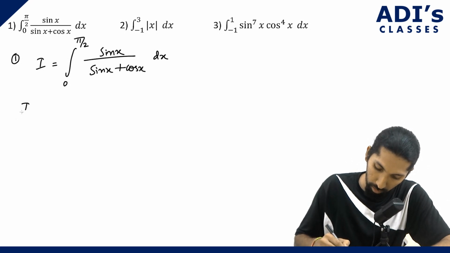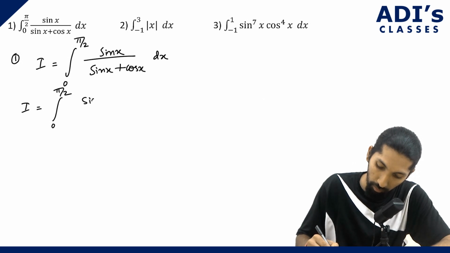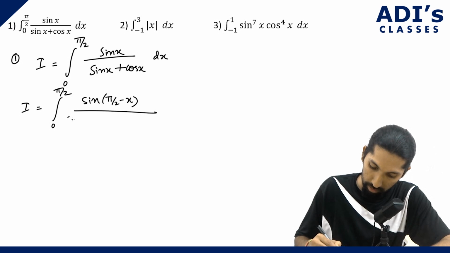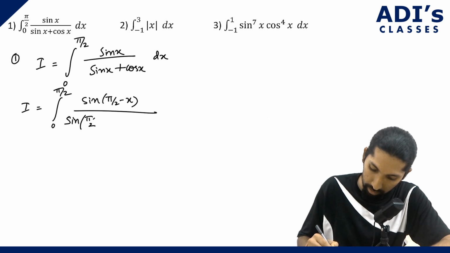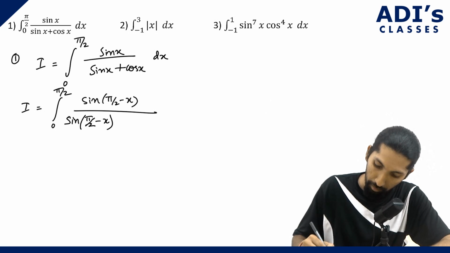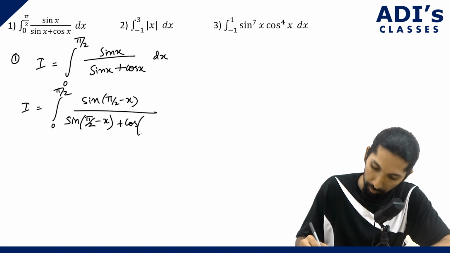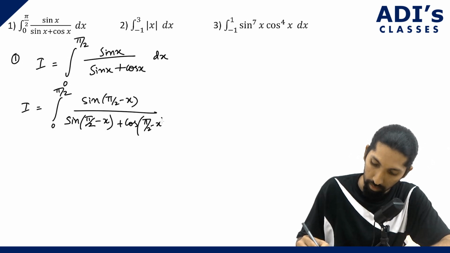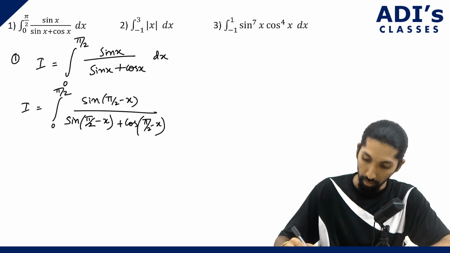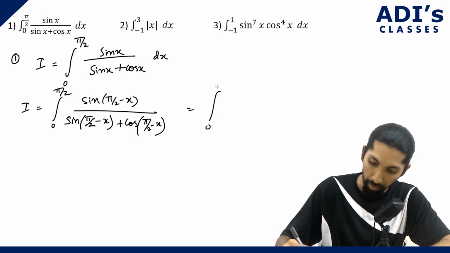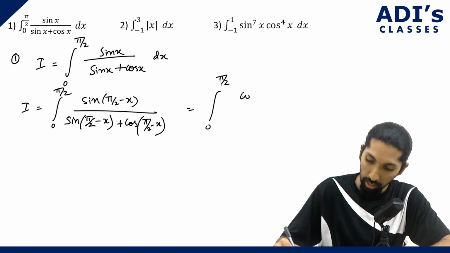So I is equal to integral 0 to pi by 2 of sin of pi by 2 minus x divided by sin of pi by 2 minus x plus cos of pi by 2 minus x. This is integral 0 to pi by 2 of cos x by cos x plus sin x.